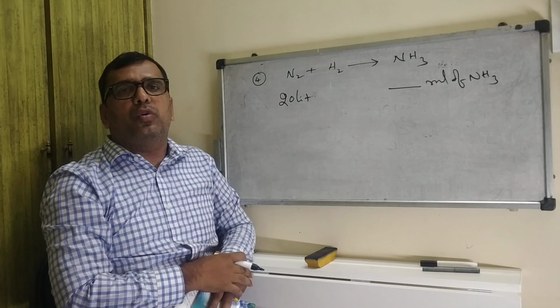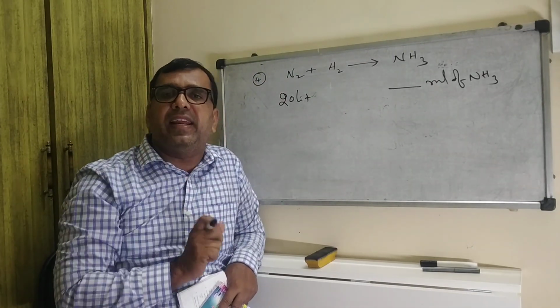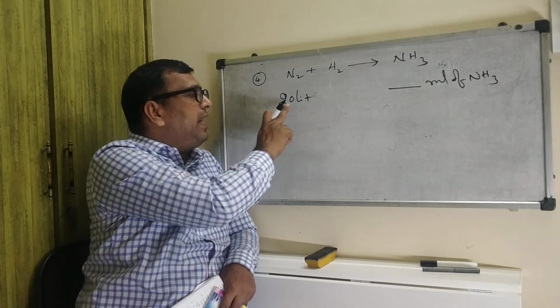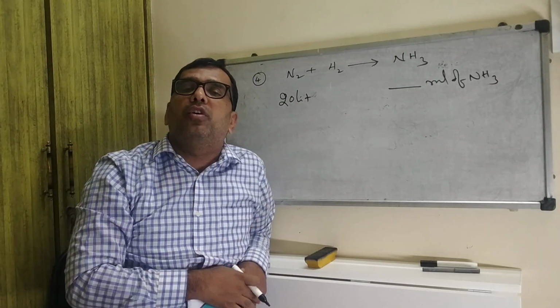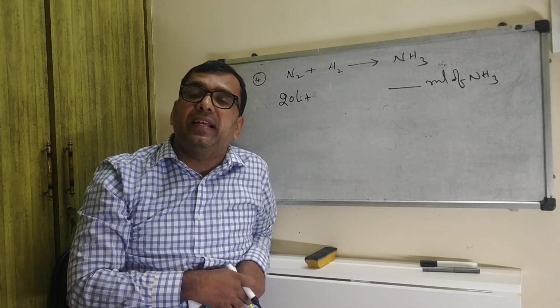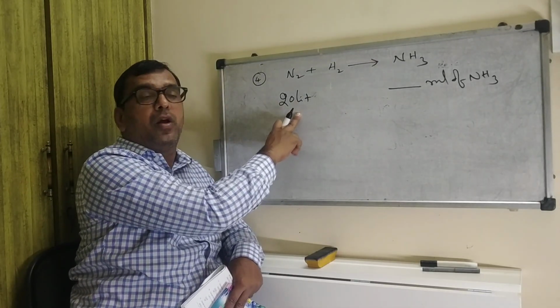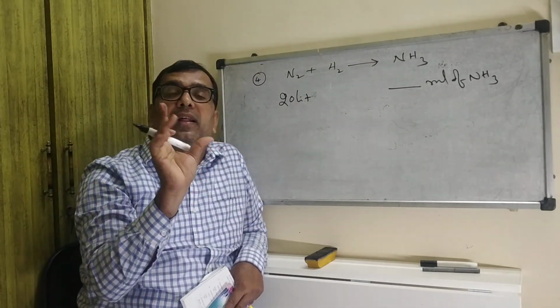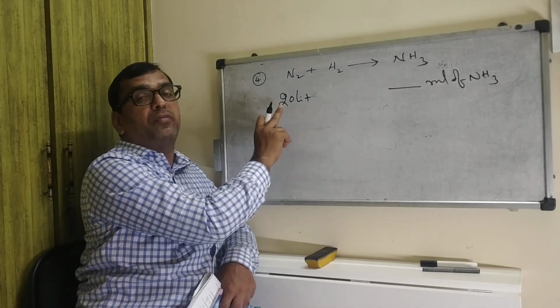How do you have to do it? First, you have to balance the reaction. That is very important. Generally, these liters mean gases, and we take standard temperature and pressure. At standard temperature and pressure, a gas occupies 22,400 ml or 22.4 liters.